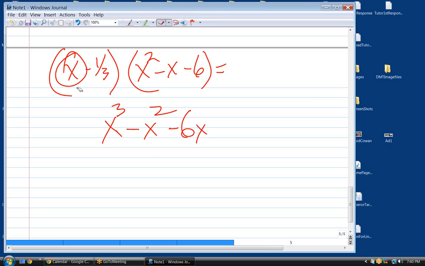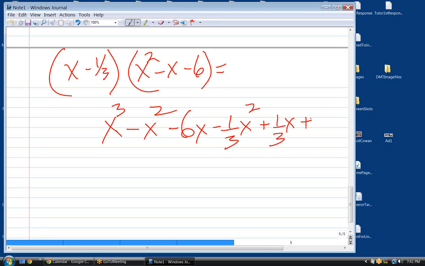Now do the 1/3 times each. Okay, so would it be minus 1/3 x squared plus 1/3 x, and then plus, I don't know what that is.